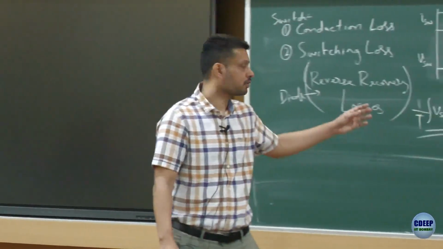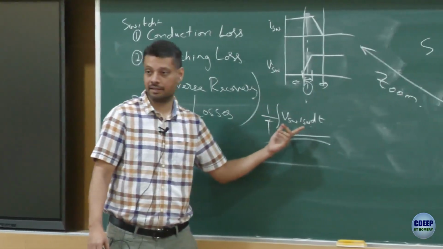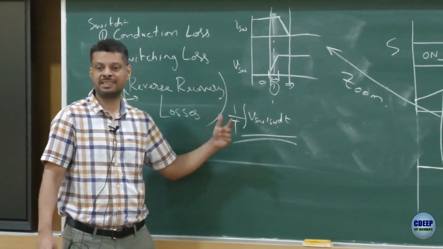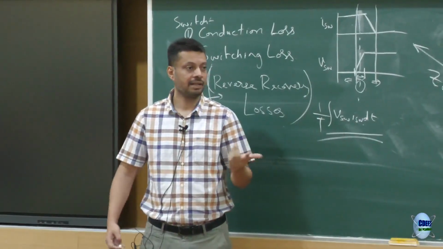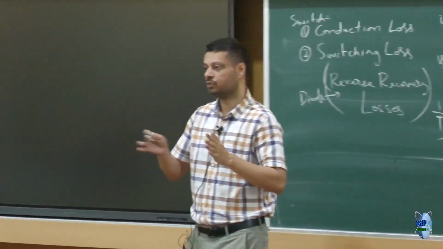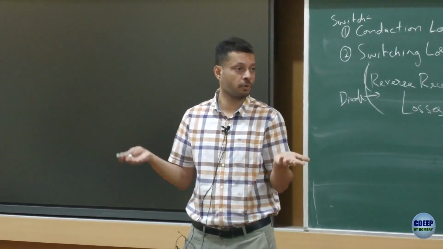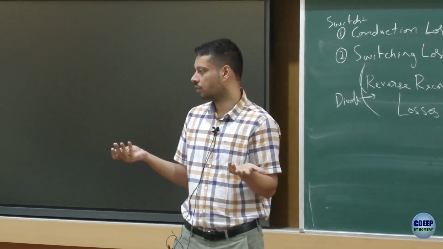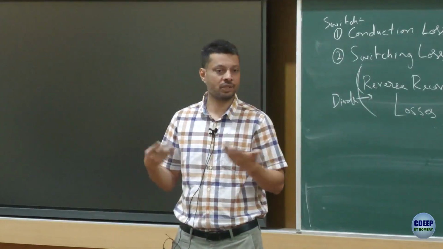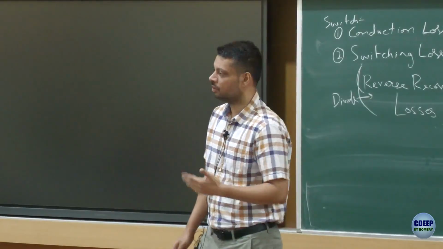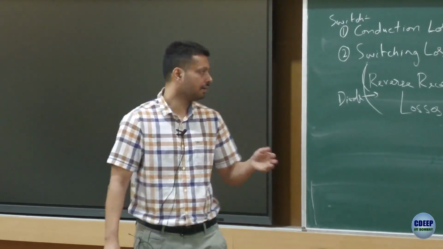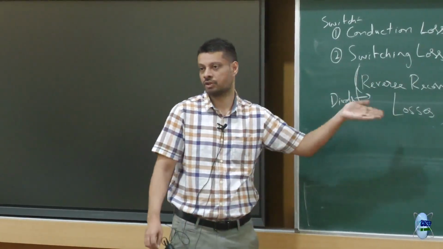Okay, so of course the switching loss is the integral, right, times 1 upon T. Now imagine if you are doing this switching more frequently. In 1 second, if you only switch 2 times you would have X loss, if you switch it 4 times you will have 2X of the loss, right. So the higher the number of times you are switching, the loss will be directly proportional to that. So if you double the switching frequency, your loss will almost double, and therefore the switching loss of course depends on the frequency.